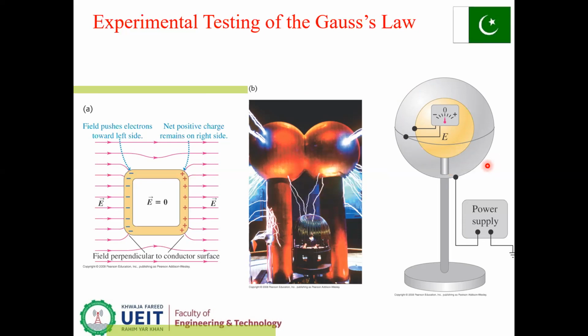This is the Van de Graaff generator shown towards the right. This is the power supply, and if we rub this surface with some material, the electric charge will be induced on the surface. So it will show that there are charges on the surface of the generator.